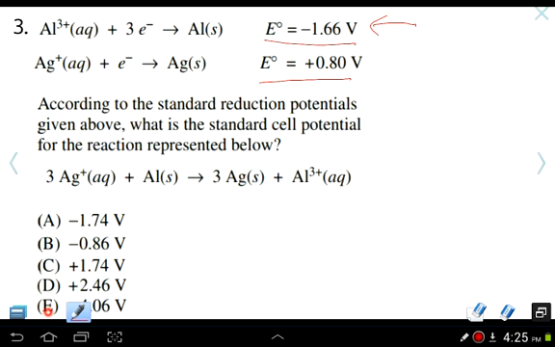The ones at the top, or the ones that are more positive, are more likely to be reduced. So here, notice that we have silver being reduced, going from +1 down to 0, and aluminum being oxidized, going from a 0 to a +3. And then silver gets reduced.